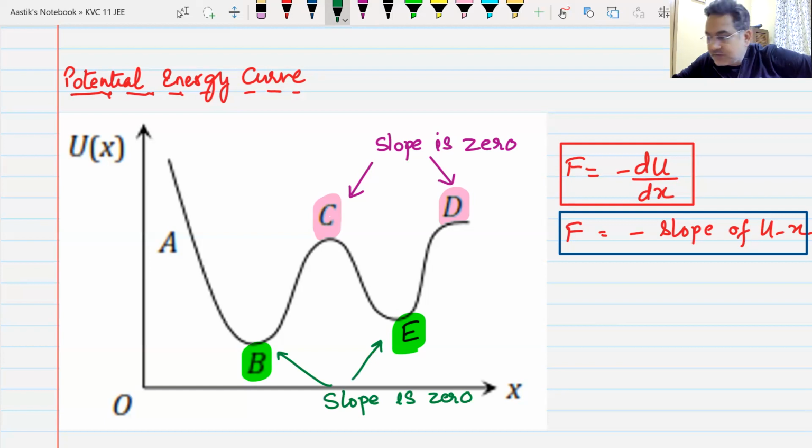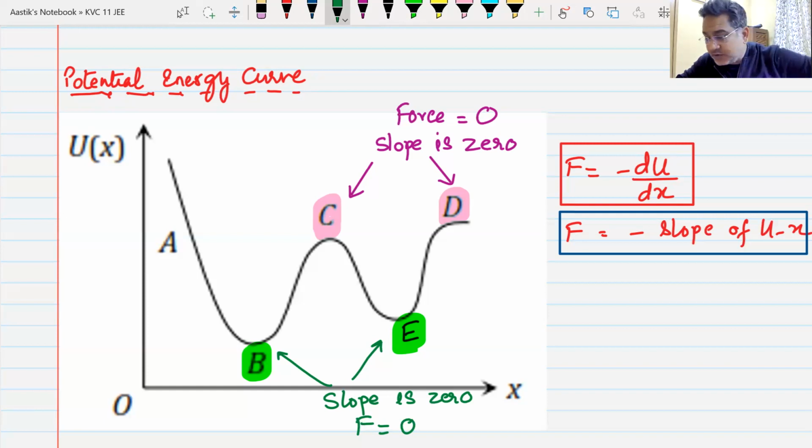Do we understand this? Slope 0 means what? This is the potential energy curve. Slope 0 means force is zero.